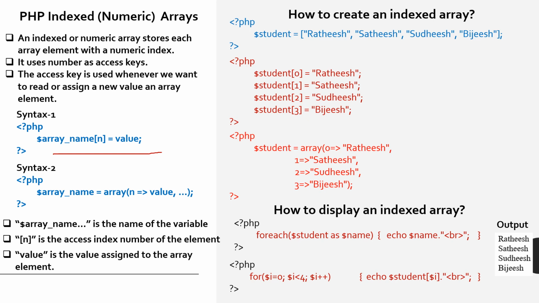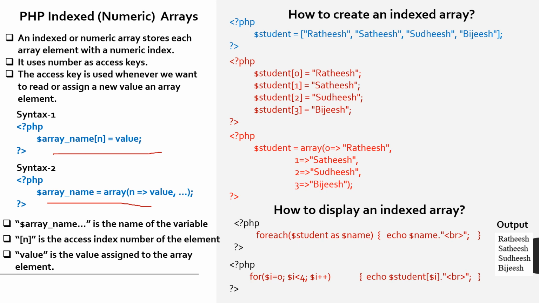Another possible way is array name is equal to array of index pointer value. Here array name is the name of the variable, n is the access index number of the element, and value is the value assigned to the array element. That is clear, right? So this is about the syntax.